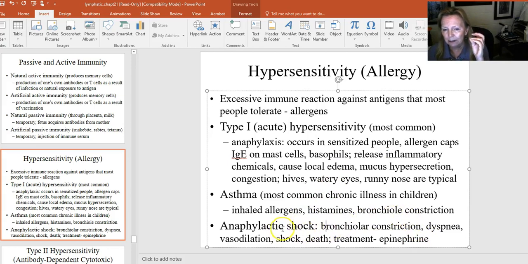And if it's a systemic response, especially to the airways, it can lead to dangerous, life-threatening situations, because the airways will close down. And if that happens and you can't move air, then it can lead to shortness of breath, difficulty breathing. Dyspnea is difficulty in breathing. And this is also causing capillaries to dilate, which is decreasing blood pressure.